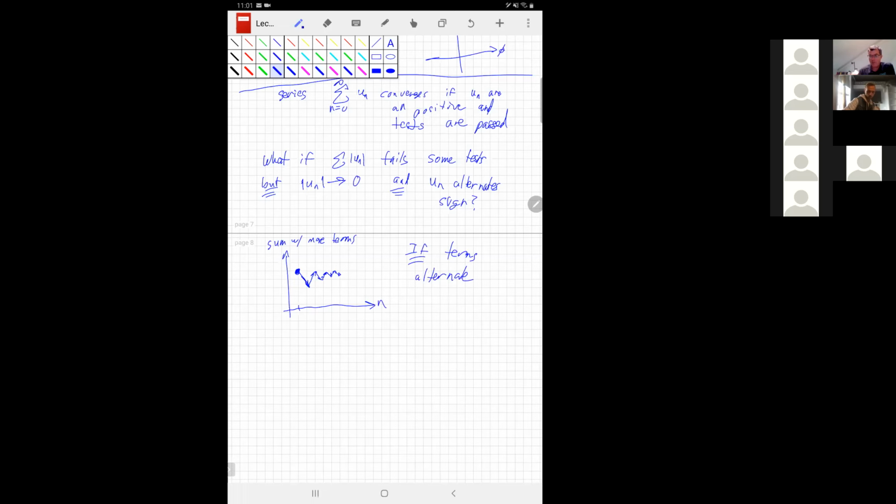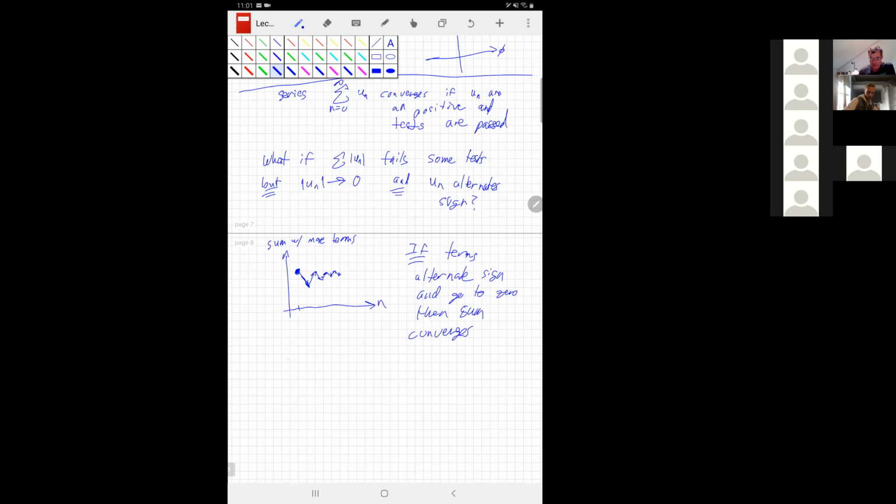If our terms alternate signs, so positive and negative, and go to 0, then our sum converges.